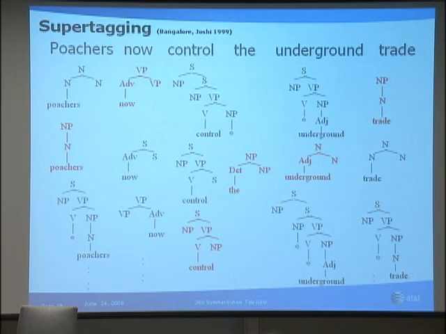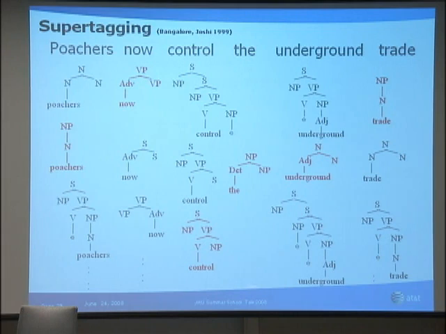However, given the context of the sentence, only one of them or a few of them fit well. So given the context of the sentence, only this tag makes sense. These two tags don't make sense. So if you model that and get the right sequence of tags given the context of the sentence, most of the parsing problem is already done for you.